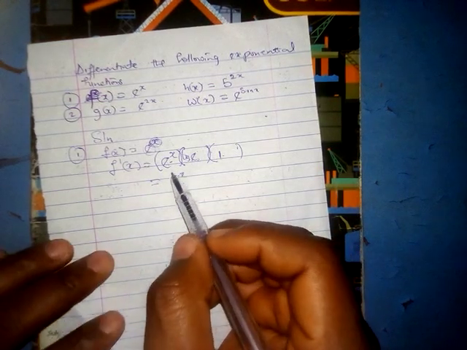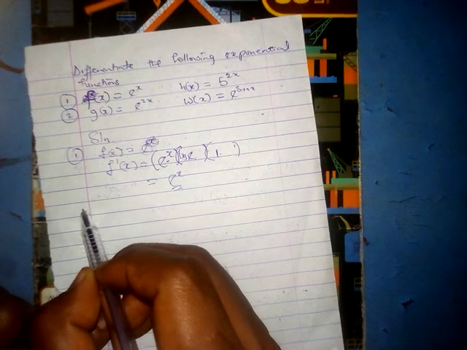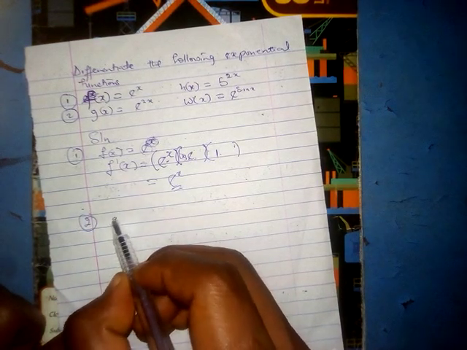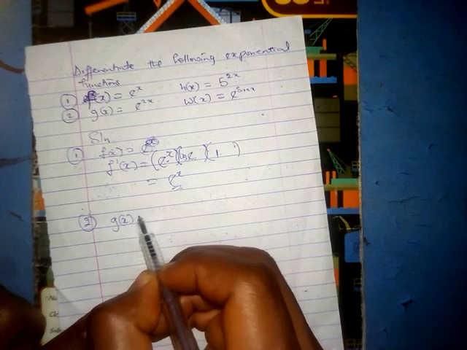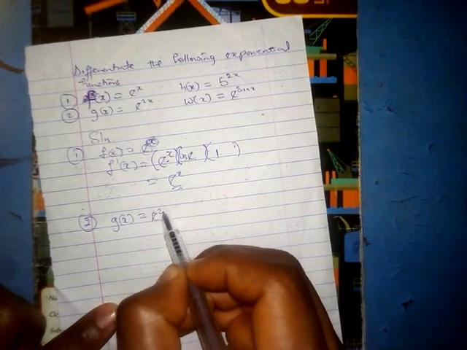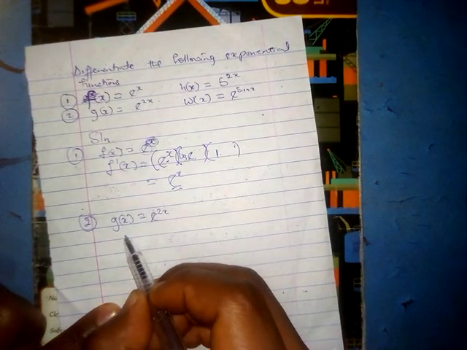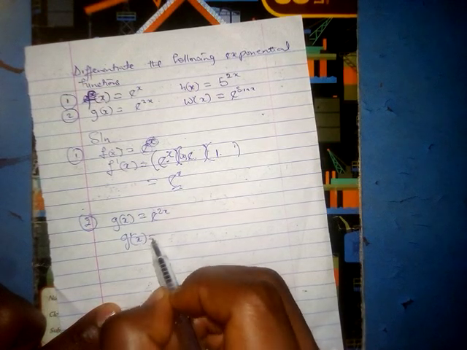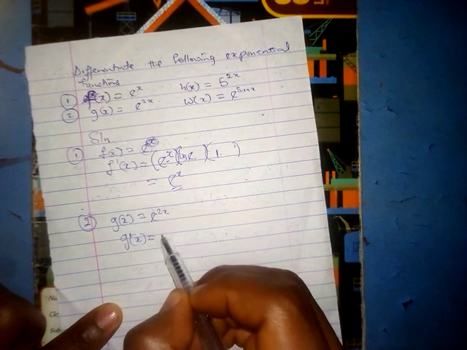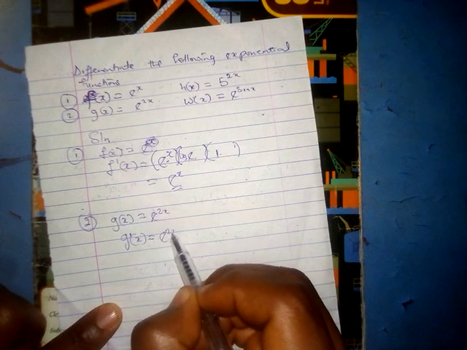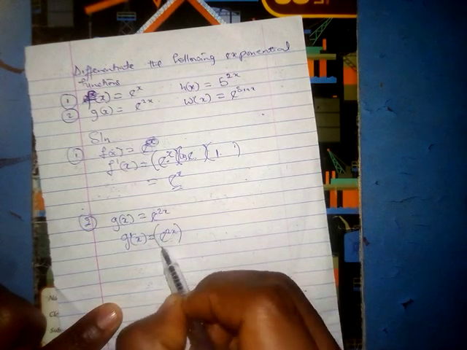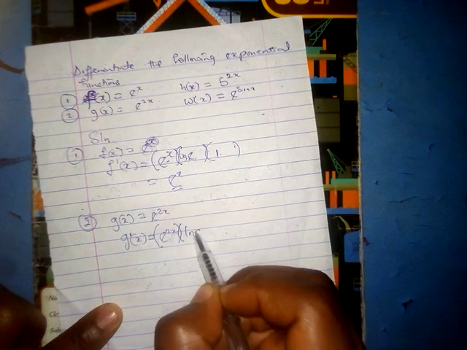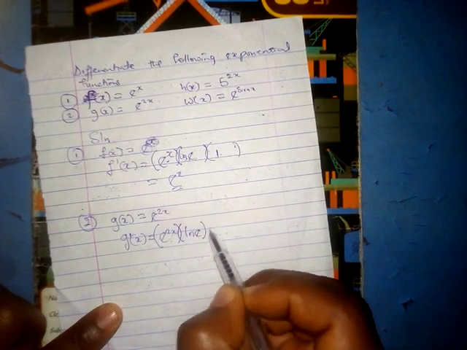For the second one, we have g of x equals e to the 2x. To differentiate this, as usual, g prime of x is equal to, what's the first thing you do? You write back the same function, then multiply by the ln of the base, and then differentiate the power.